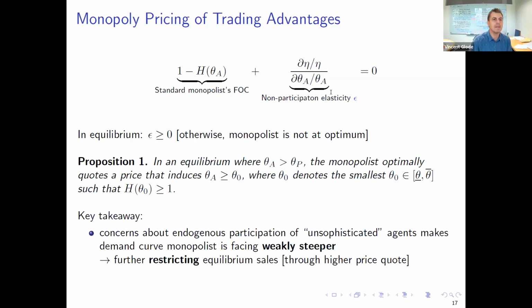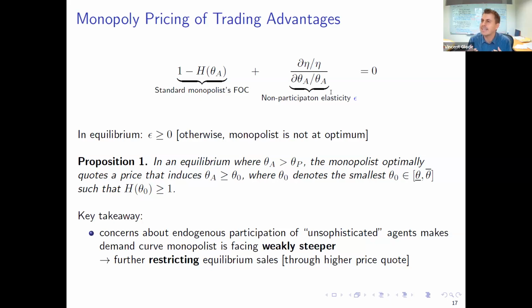Okay. So let me start with proposition 1, which is not the main result of the paper, but just quickly. We showed in the paper that the monopolist will optimally quote a price that induces weakly less acquisition of trading advantages than in the standard monopolist problem, right?